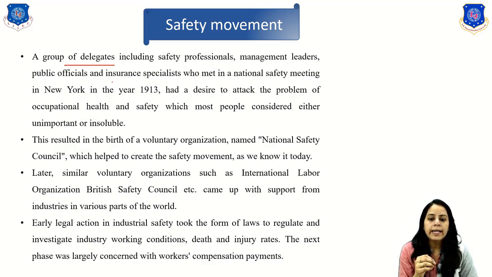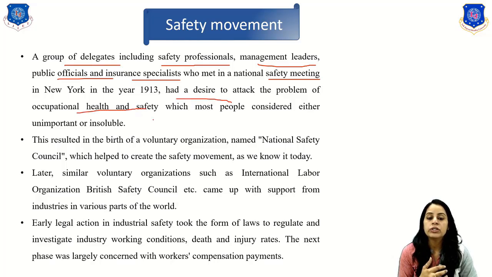A group of delegates, including safety professionals, management leaders, public officials, and insurance specialists, met at a national safety meeting in New York in 1913. They desired to attack the problem of occupational health and safety, which most people considered either unimportant or insoluble.